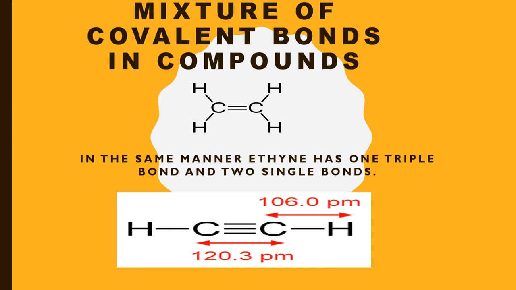In the same manner, ethyne has one triple bond and two single bonds. The molecular formula of ethyne is C2H2. It has a triple bond between the two carbon atoms and only single bonds with the hydrogen atoms. So in one molecule itself, we have a mixture of covalent bonds.